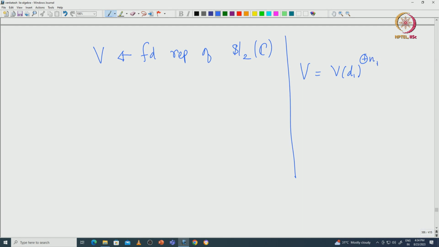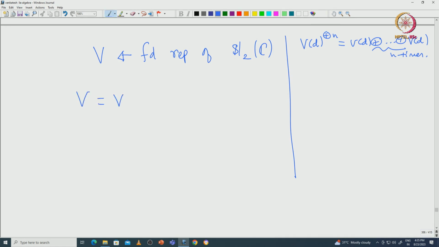This is the notation: V_d direct sum n means V_d direct sum n number of times, so here we are adding n copies. Using this notation, and Weyl's theorem, V can be written as V_d1 direct sum n1, and so on, direct sum V_dr direct sum nr. So we have grouped isomorphic copies.